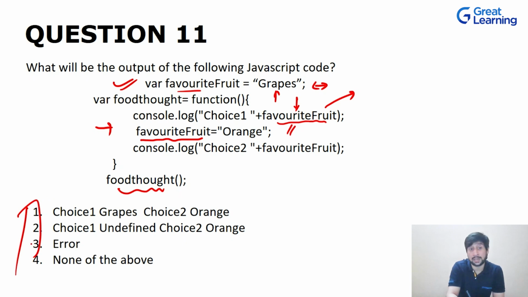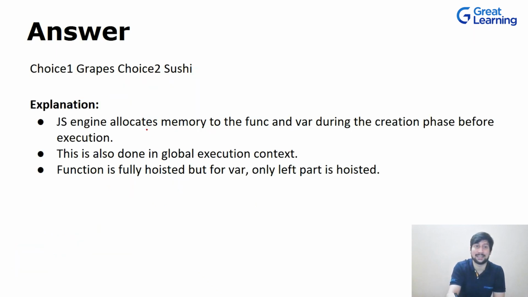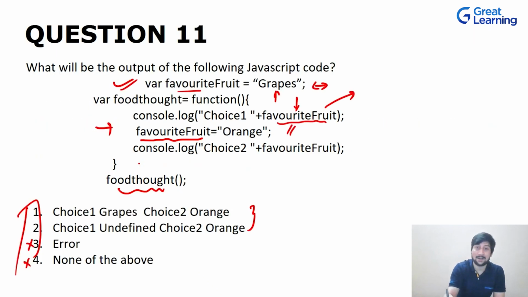So clearly we know that there is no way that you will be getting an error, and none of these is in the picture, right? So the only two choices that you have are these two. So in this example, as you can see, obviously now we have this defined over here, right? So we have the same variable defined over here, and it is something which happens in the global context, right?